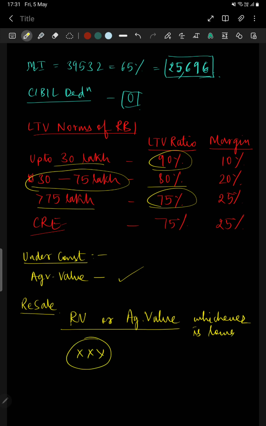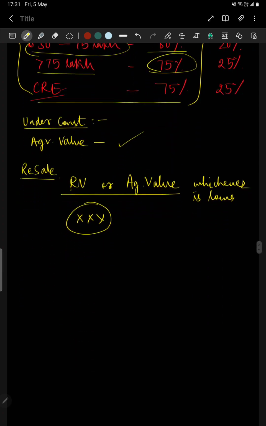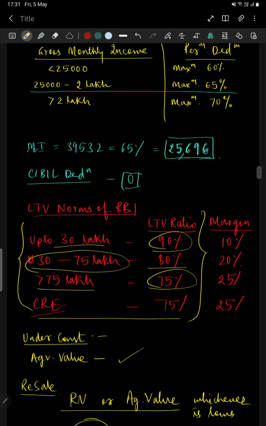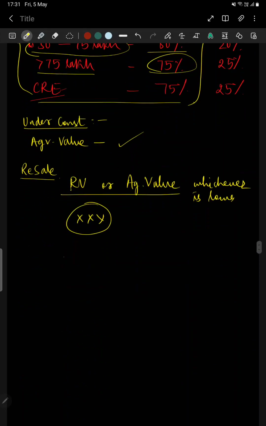Again, based on which bracket that value falls in, you decide the LTV ratio, and based on that, the maximum EMI allowed.